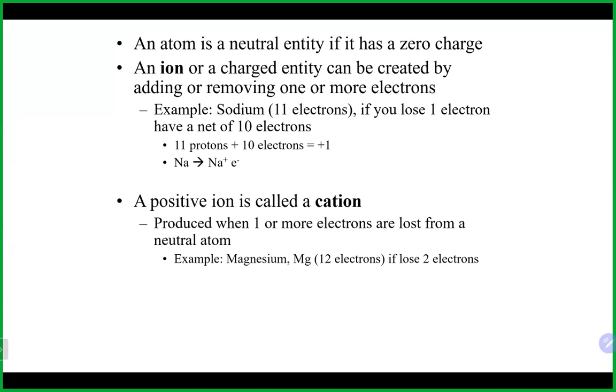As I mentioned earlier, a cation is essentially something that has a positive charge. So if we look at sodium, neutral sodium has 11 protons because its atomic number is 11. It will also have 11 electrons, and that gives us our 0 charge.